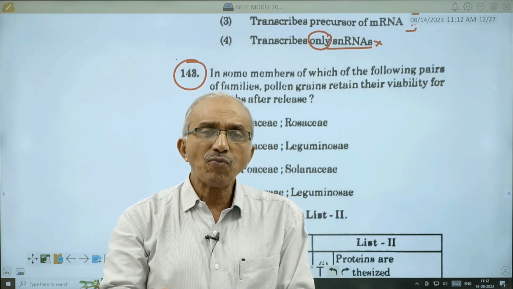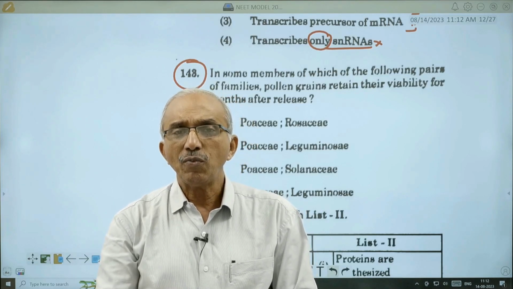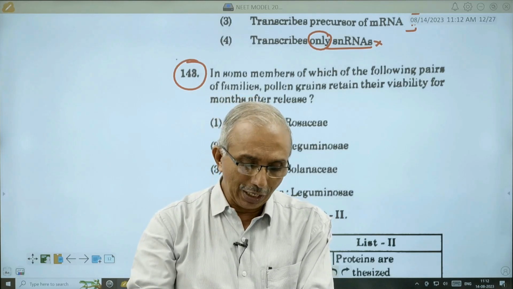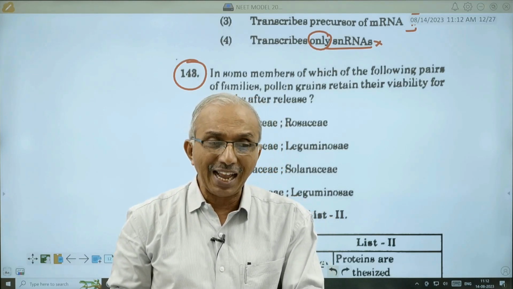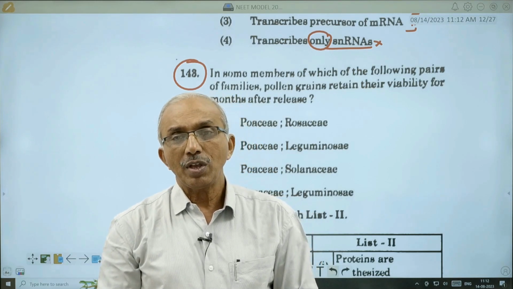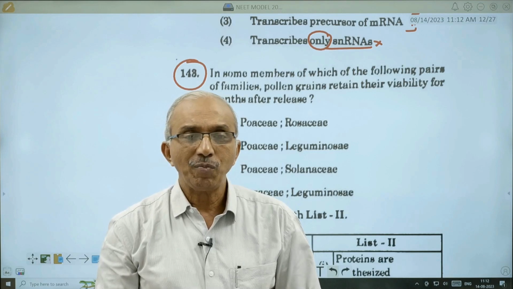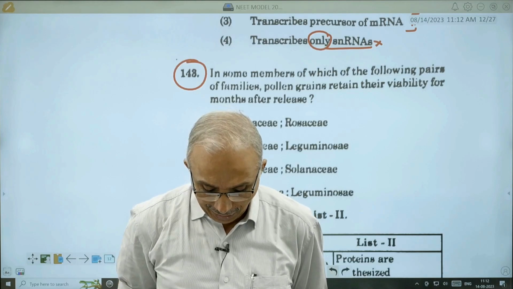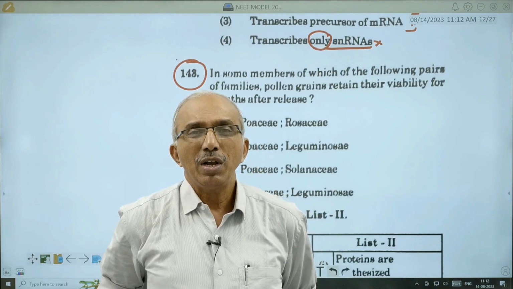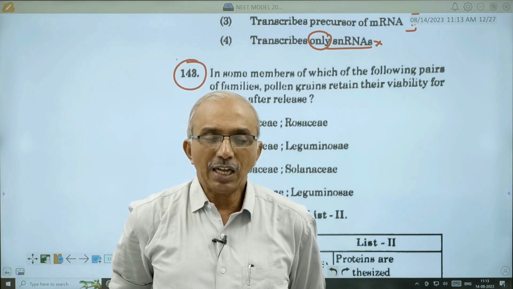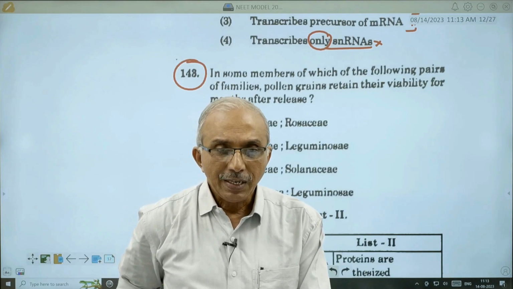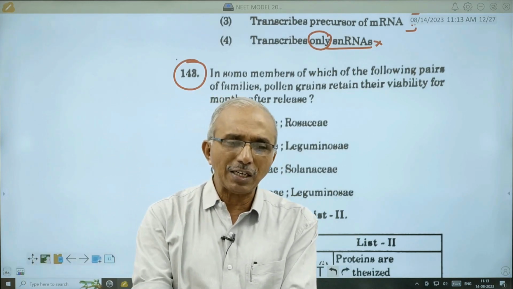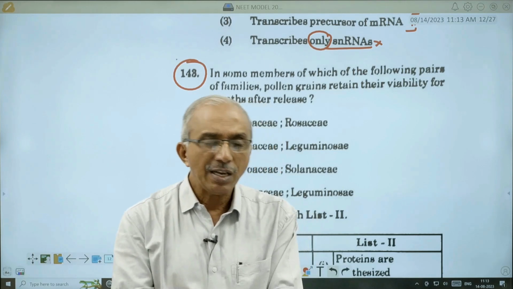After the release of pollen grain from the anther, for how long the pollen grains can retain the power of effective pollination. In some plants, for example in Poaceae, it is just 30 minutes.